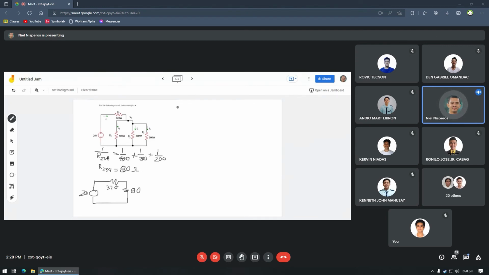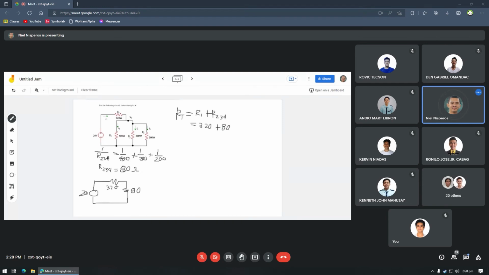So our total is equal to R1 plus R2, 3, and 4, which is the sum of 320 plus 80.